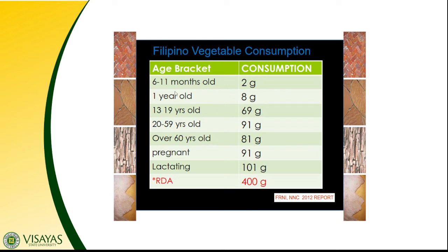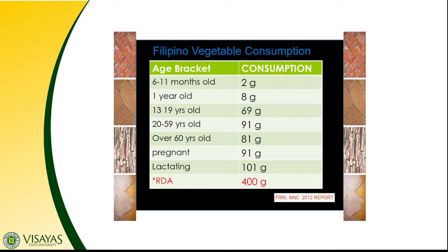So we have here the age bracket in the first column, and the consumption of vegetables in the second column. For 6 to 11-month-old babies, 2 grams per day. 1 year old, 8 grams. 13 to 19 years old, 69 grams. I guess most of you fall in this age bracket, so you are eating about 69 grams of vegetables a day.